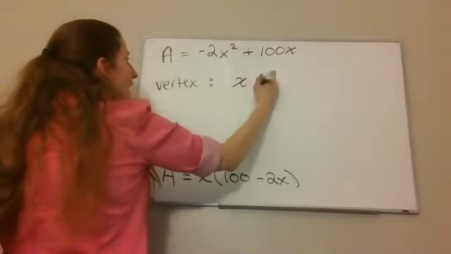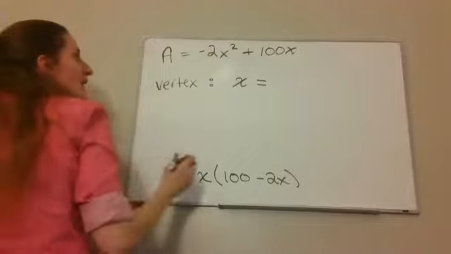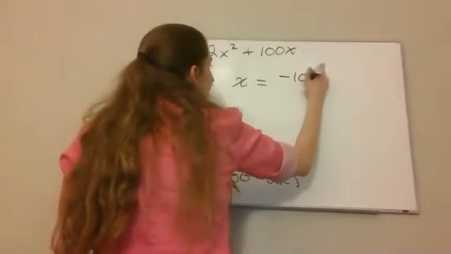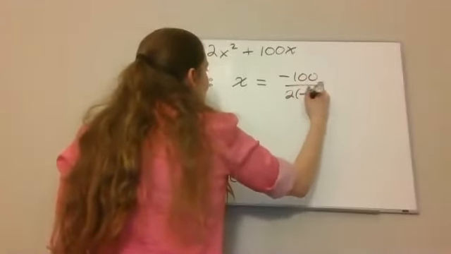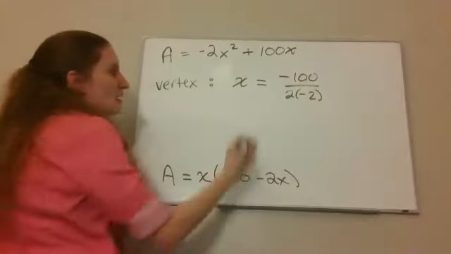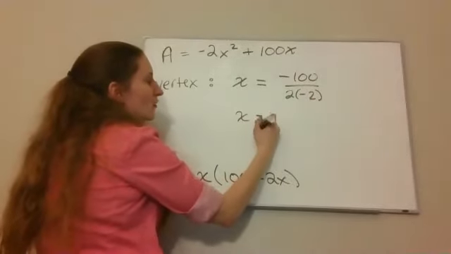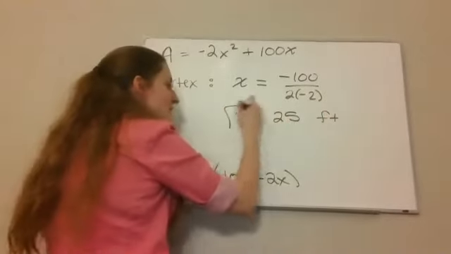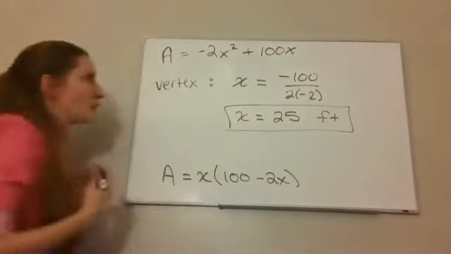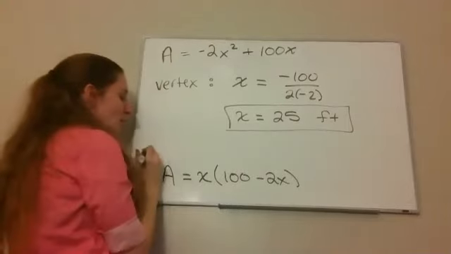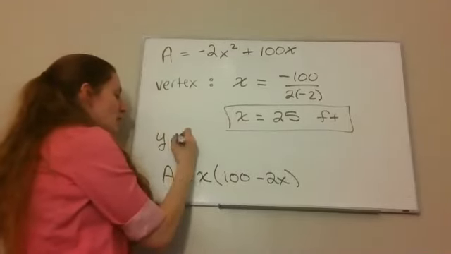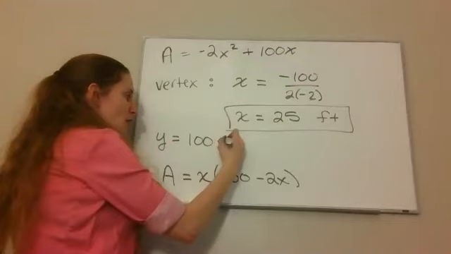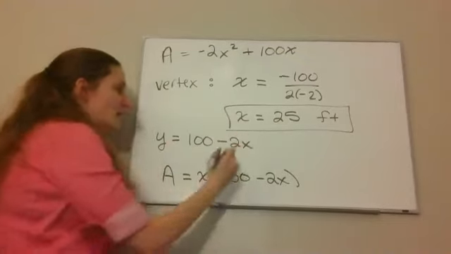So I have x equals my negative b over 2a. Negative 100 over negative 4 is positive 25 feet. And for my y value, remember that our y was equal to 100 minus 2x.